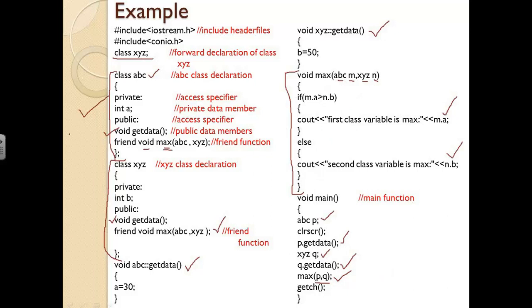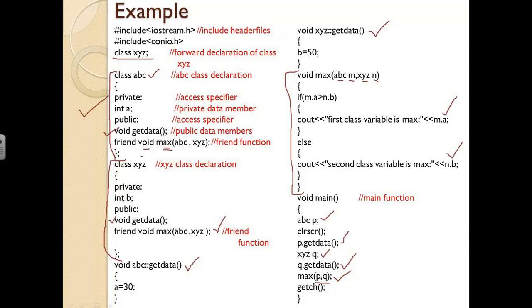Remember, if you know the example program, you can write the definition as well as the characteristics. Otherwise, if you know the characteristics and definition very well, you can easily go for the program. Very few points we need to remember. This friend function is not like a normal member function.